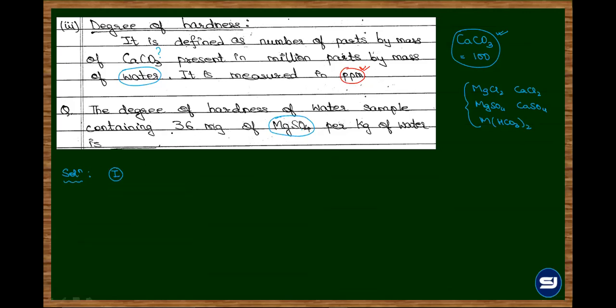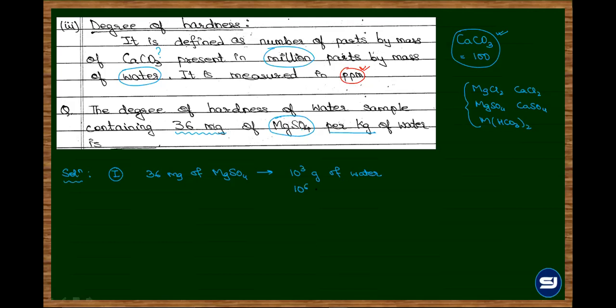This 36 milligram of MgSO4, due to which the hardness is present in the water, is present in how much amount of water? 1 kg. So can I say 10 raised to 3 gram of water? ठीक है, बट हमें कितने में फाइंड करना है? 10 raised to 6.